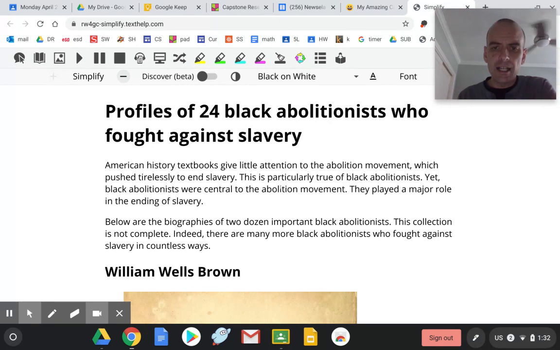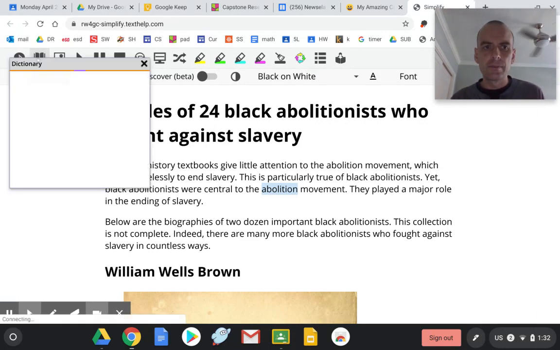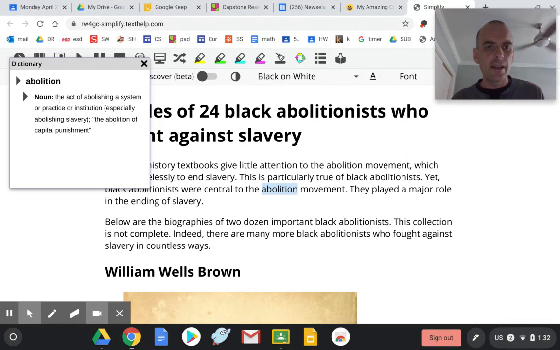Before I show you how to highlight, I don't know this word. Abolition. Okay, so I can go over here to dictionary. The act of abolishing a system or practice or institution, especially abolishing slavery.